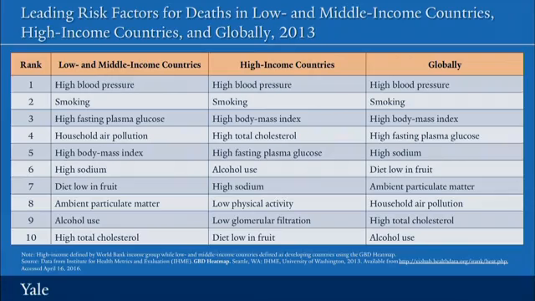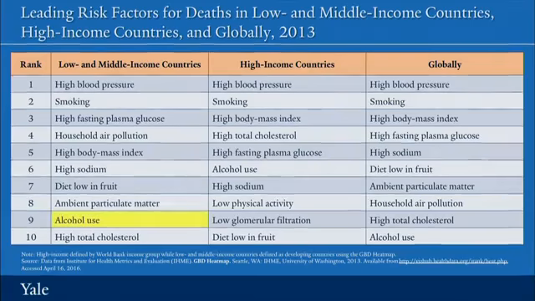In addition, as we can see in the next graphic, alcohol use disorders are the 10th leading attributable risk factor for deaths globally, the 9th leading attributable risk factor for deaths in low and middle income countries, and the 6th leading attributable risk factor for deaths in high income countries.